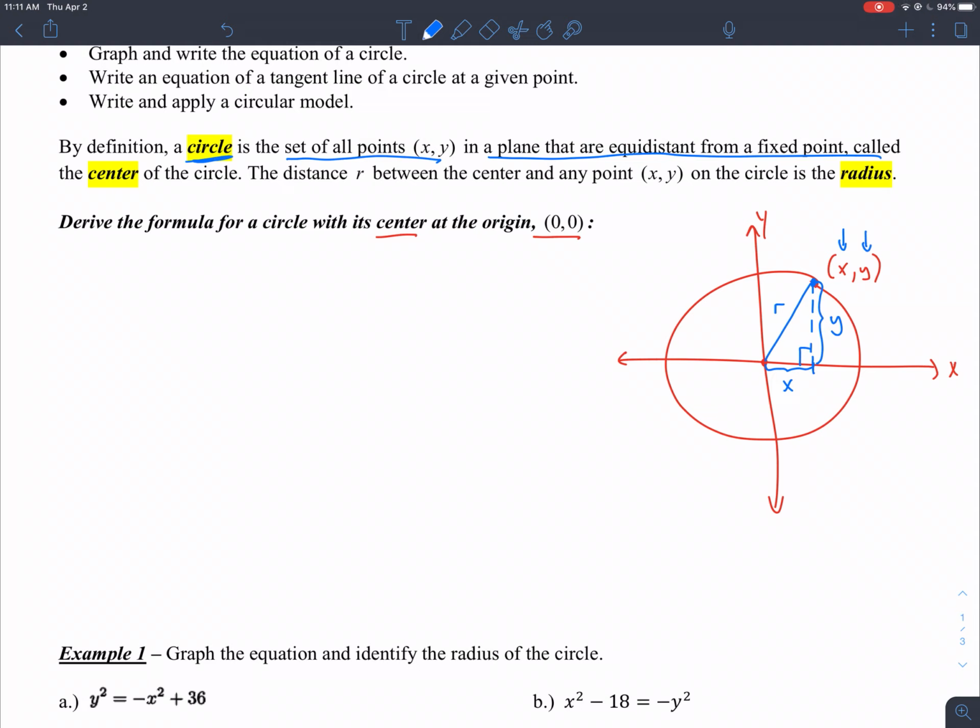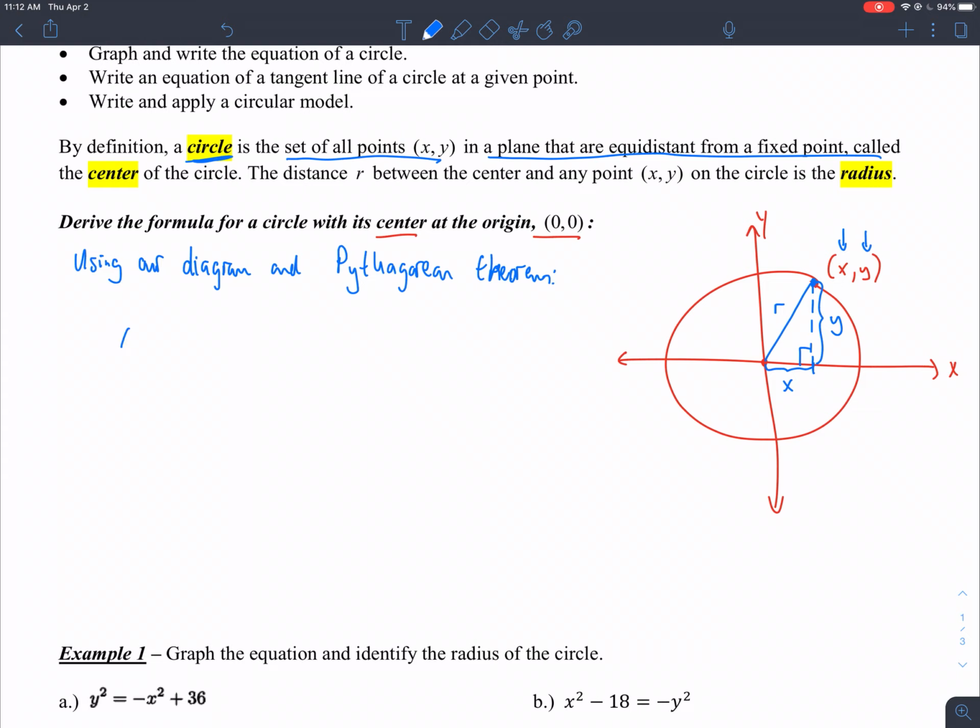So all we just say is this: using our diagram and Pythagorean theorem, we see the following.